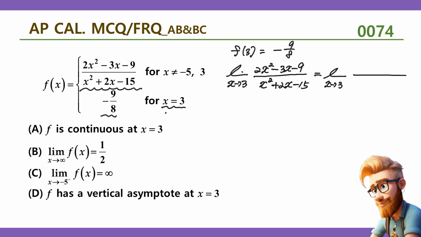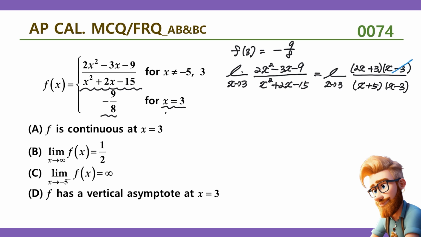If we factor the numerator, that's going to be 2x plus 3 times x minus 3. 2x times minus 3 is minus 6x, and 3 times x is plus 3x. The sum of those two terms is negative 3x, and 3 times negative 3 is negative 9. The denominator is easy: x squared plus 2x minus 15 is x plus 5 times x minus 3.